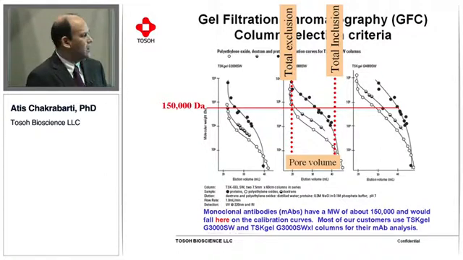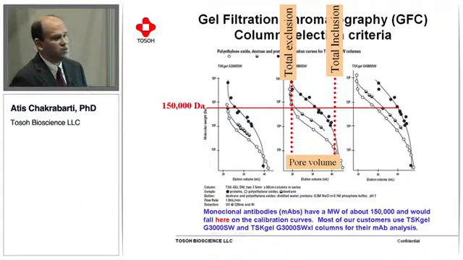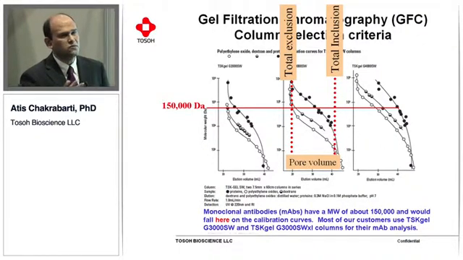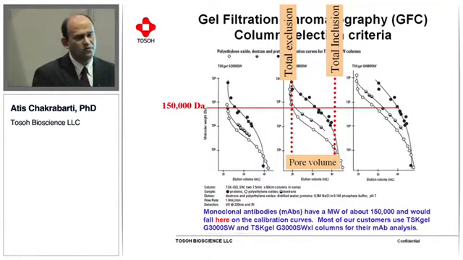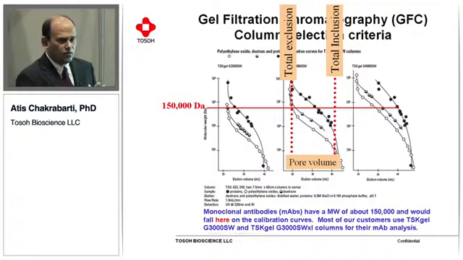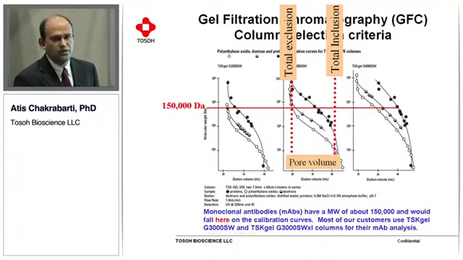That is why this 3000 SW column line is most popular for the monoclonal antibody and protein separation of that molecular weight range. But if you look at the same molecular weight here, it is almost at total inclusion, whereas here it is total exclusion. That is why G3000 SW or SWXL is the best column for the separation of the monoclonal antibody or a protein of that particular molecular weight.